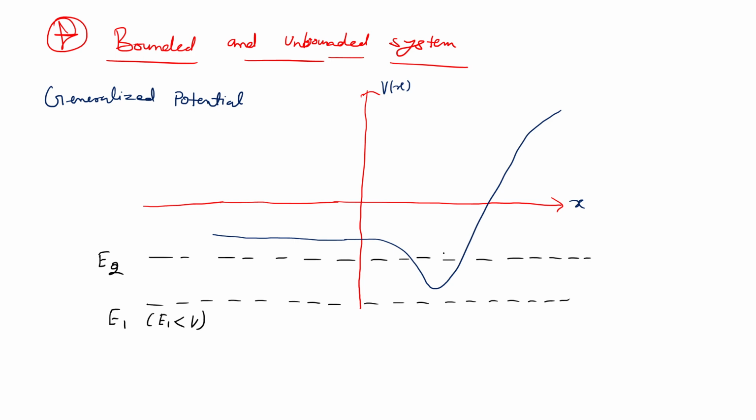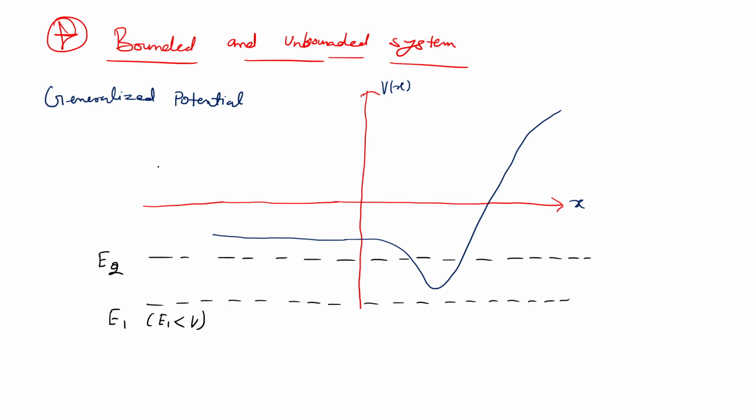And here the energy becomes greater than the potential. You see. Then how it will change the concept, we will discuss, and how it will help us to figure out the bounded system or unbounded system. We will discuss in all detail. But first we will choose different energy levels. So you should understand that energy here is greater than potential. And again, after this point, the energy becomes less than the potential again.